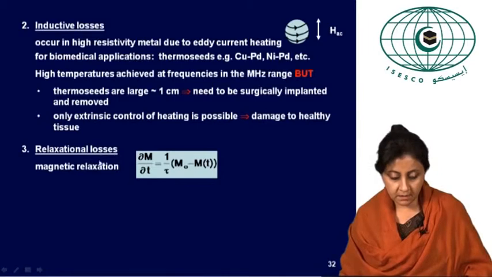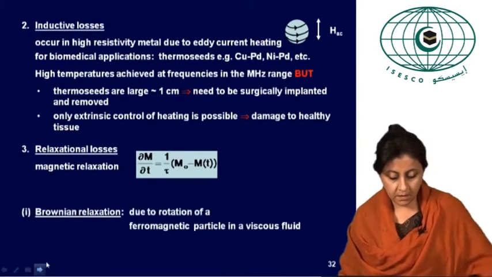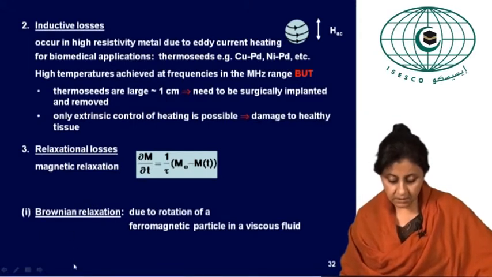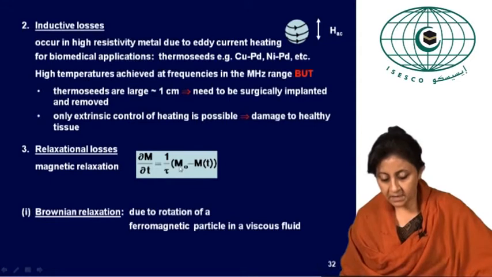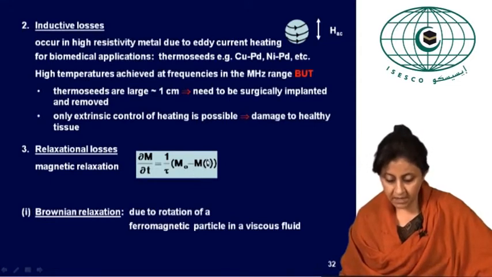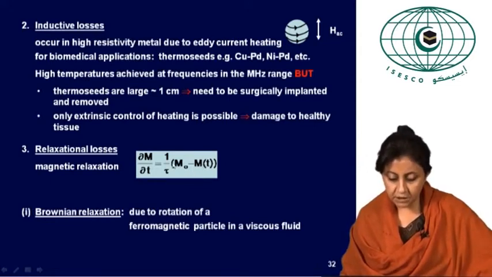On the other hand, there are relaxational losses, where we have Brownian and Néel losses. The magnetic relaxation is defined as the change with time of magnetization from its initial value at t naught, divided by a certain characteristic relaxation time.